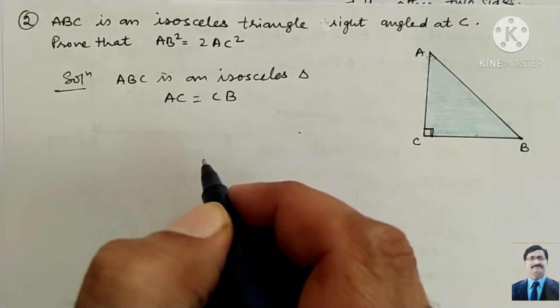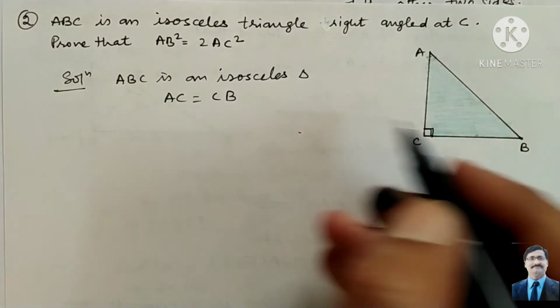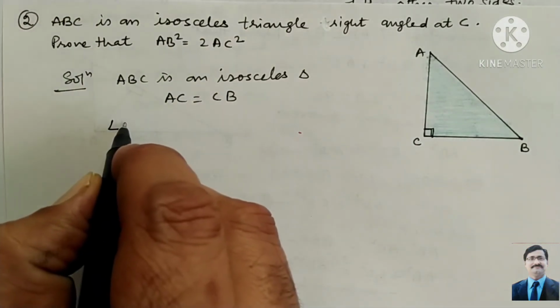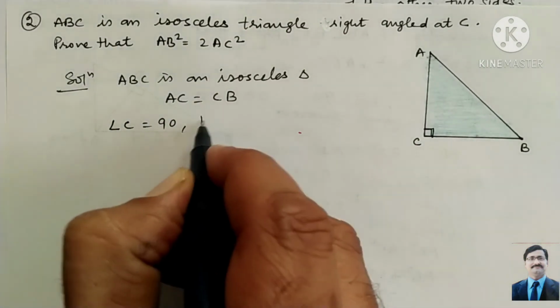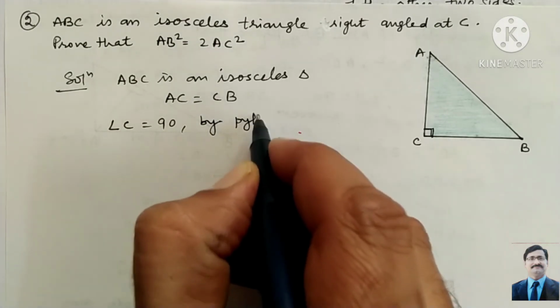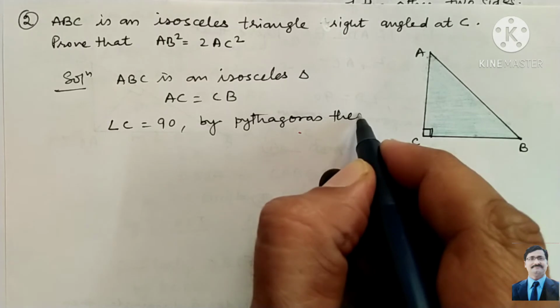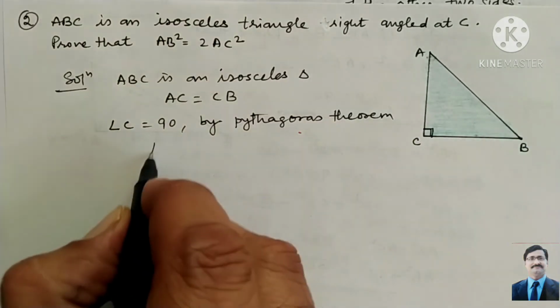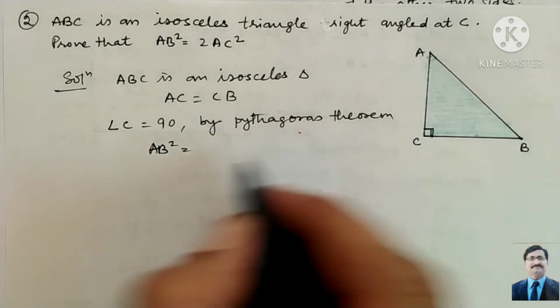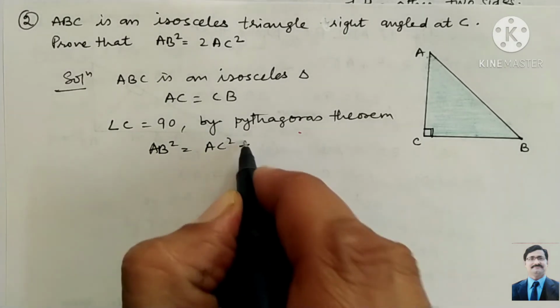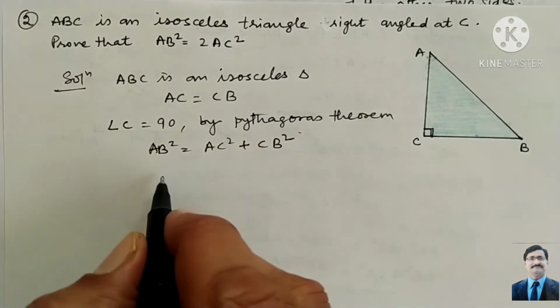Now look here, angle C equal to 90 degrees. So by Pythagoras theorem we can write AB square equal to AC square plus CB square.